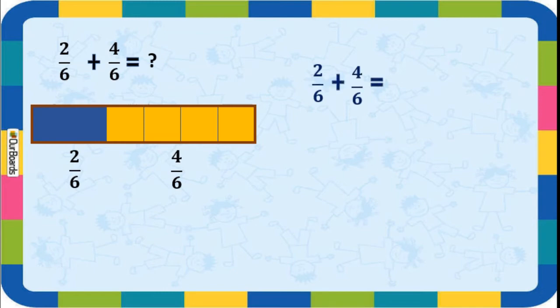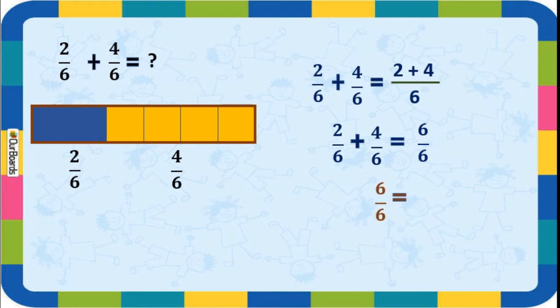We will write is equal to 2 plus 4, and the 6 you are going to write one time in the denominator. Now our answer is 6 upon 6 because 4 plus 2 is 6, isn't it?